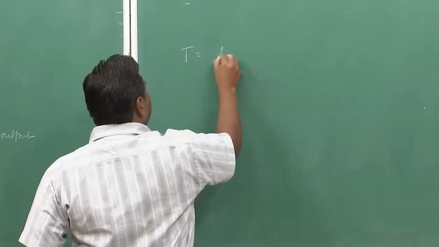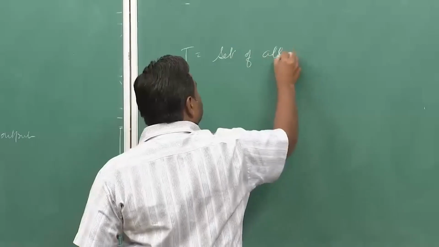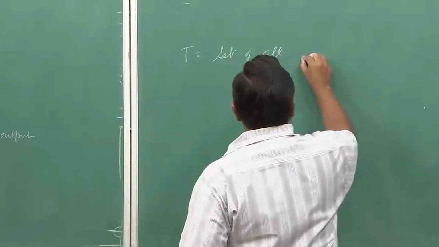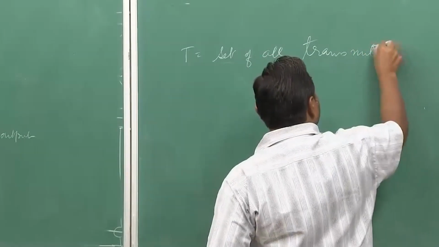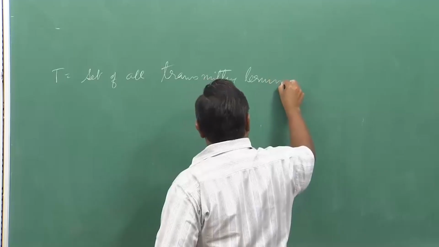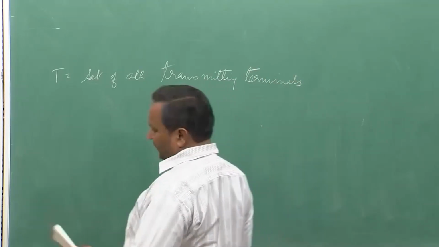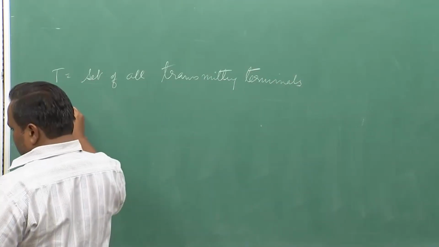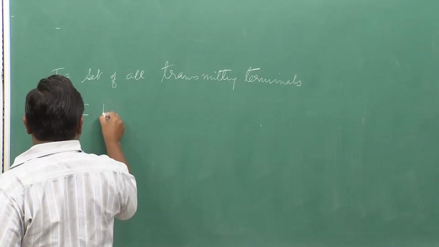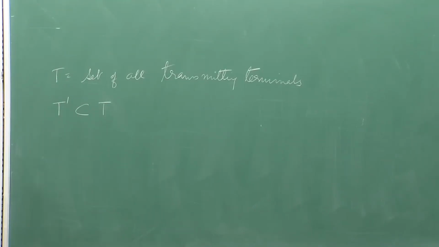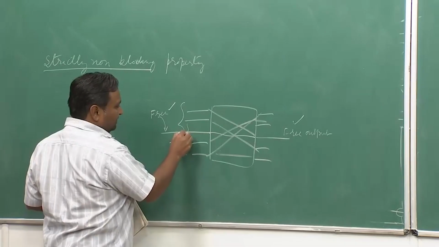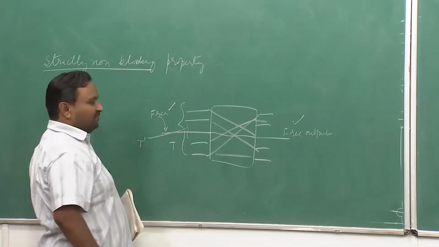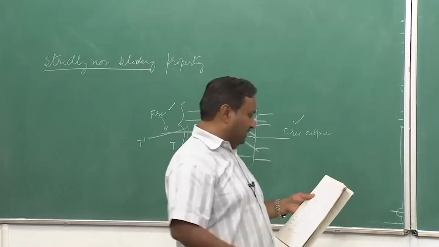If T is the set of all transmitting terminals, which are basically inputs of the switch, we have some T prime which is a subset of T. So, this whole thing is T, and I can have some smaller set which is T prime. This can be any set.